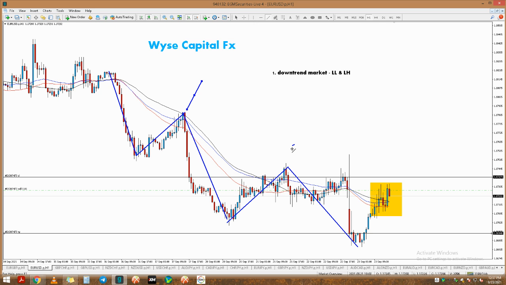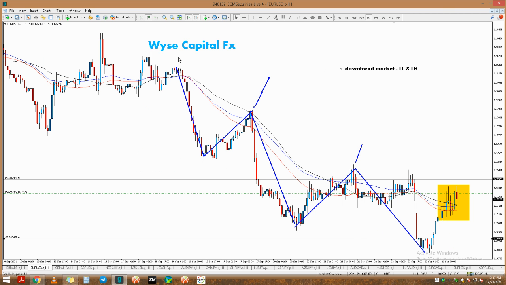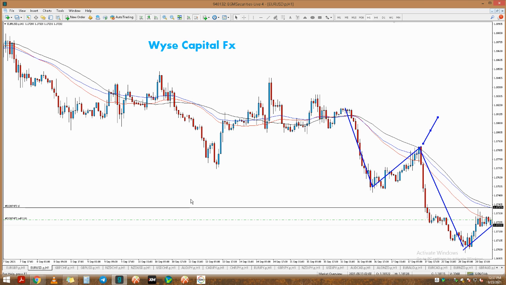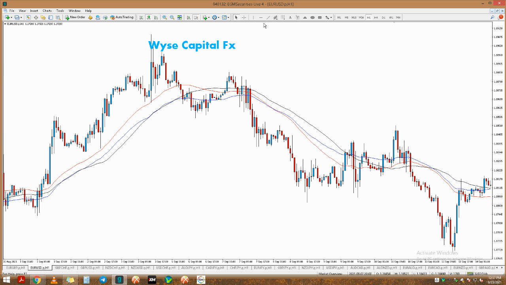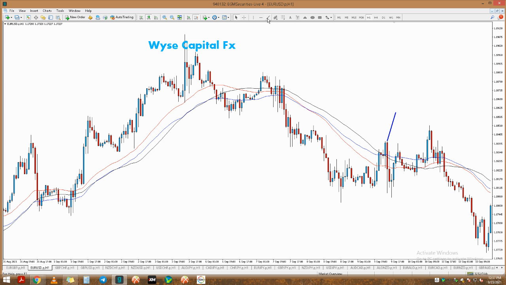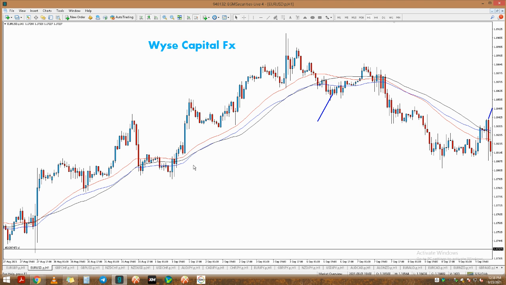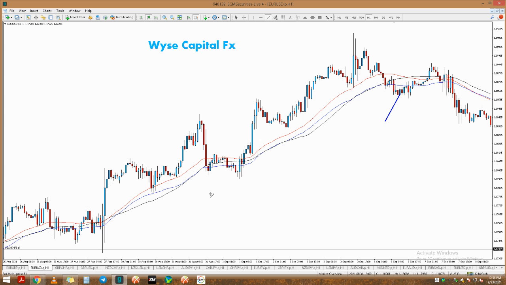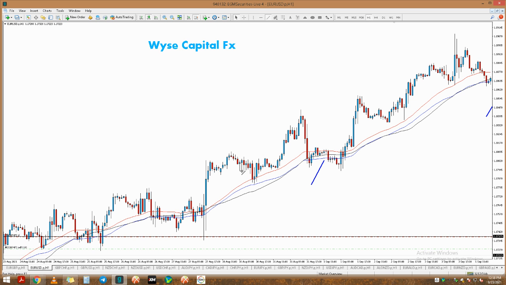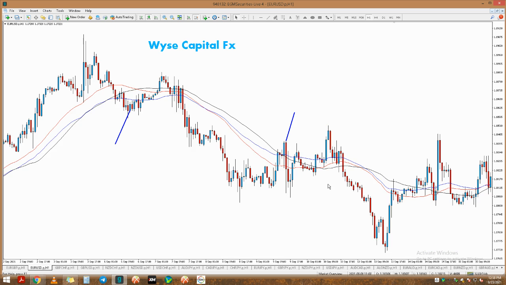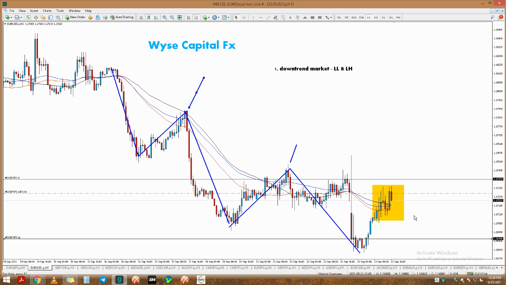I can even scroll back, and you'll see that most of the time when price comes to the moving average, it holds as a resistance or a support. Look at this point here, it held as a resistance. This point held as a support. So based on the same concept, by the time price comes back to this moving average, we can anticipate it will hold as a resistance.